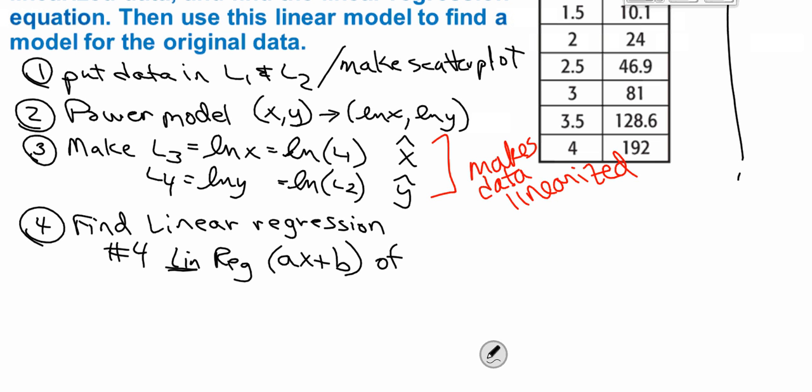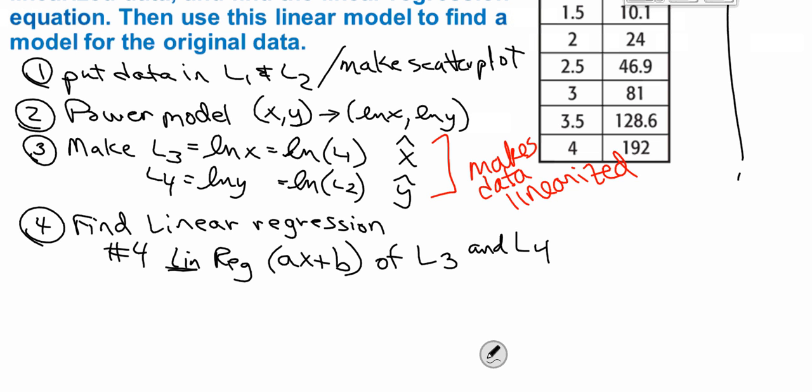And listen, the reason I'm using list 3 and 4 is I changed both the x and the y. If I had only changed one of them, I would use the original that stayed the same and the one that changed. And we'll do that in the next problem.